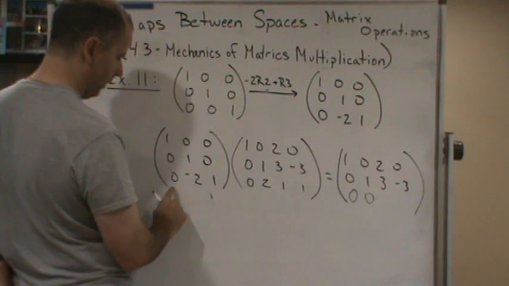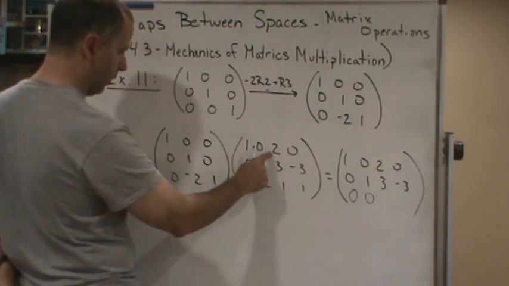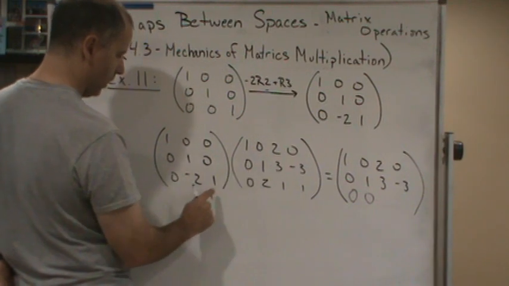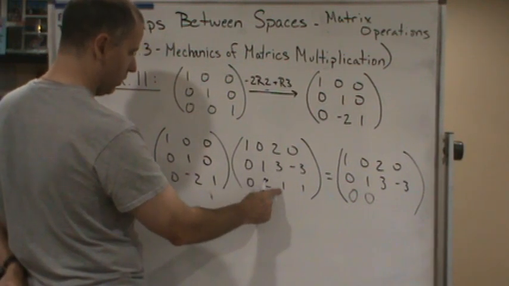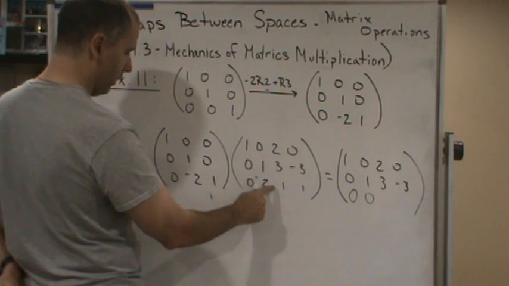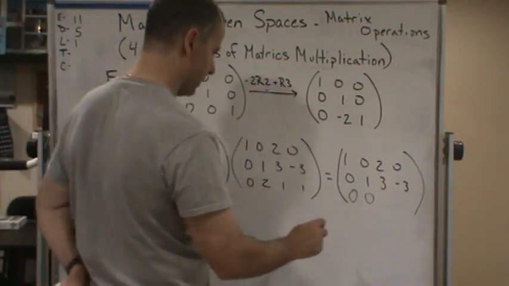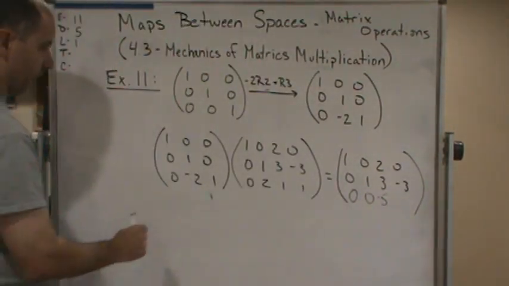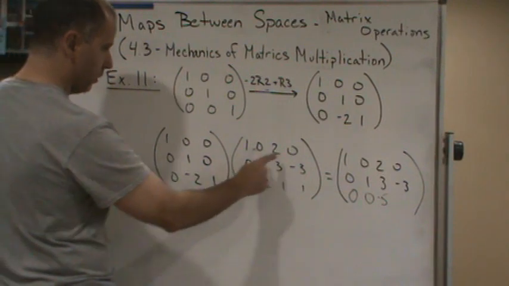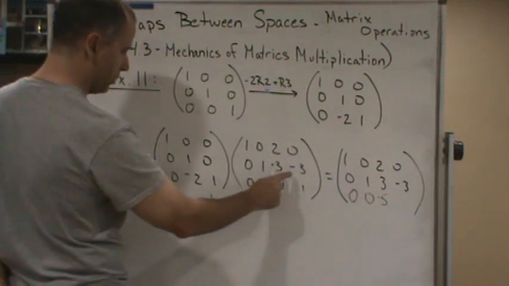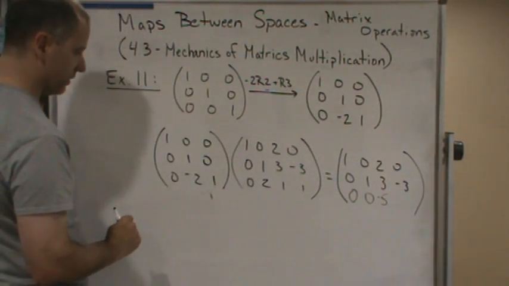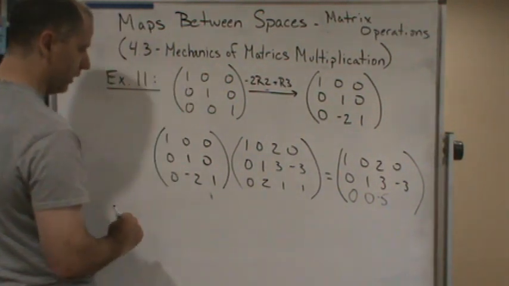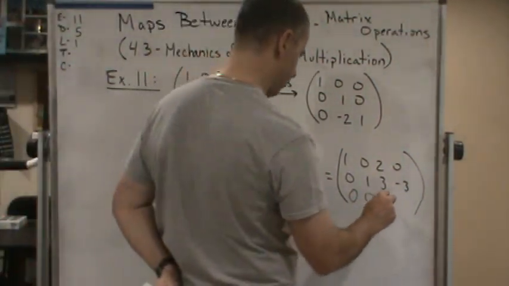Now the next one: 0 times this is 0, plus negative 2 times 3 is negative 6, plus 1 times 1 is 1. So negative 6 plus 1 is negative 5. Now the last one: 0 times 0 is 0, plus negative 2 times negative 3 is positive 6, plus 1 times 1 is 1, so that gives me 7.